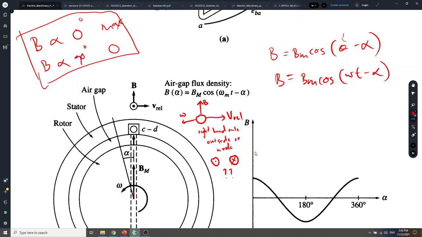Tak ada orang boleh jawab ni. Inside kot? Ikut. By using a right hand rule. Right hand. Kan kita dah belajar sebelum ni. Right hand. V mana, B mana, I mana? Siti Nur Ain. Yes. Outside. Outside.